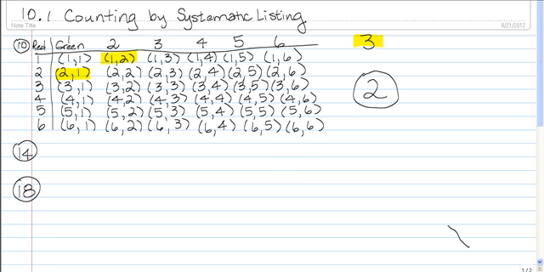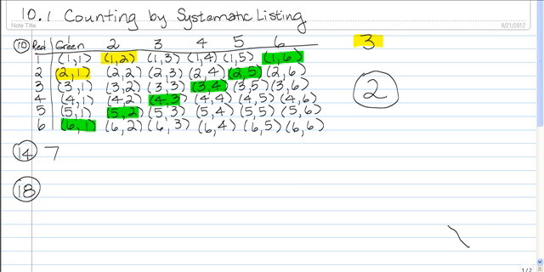Okay, and if we go down to number 14, we're now looking for a sum of 7. We're using the same table. I'm just going to switch colors here. So a sum of 7, a 6 and a 1, a 5 and a 2, a 4 and a 3, a 3 and a 4, a 2 and a 5, and a 1 and a 6.